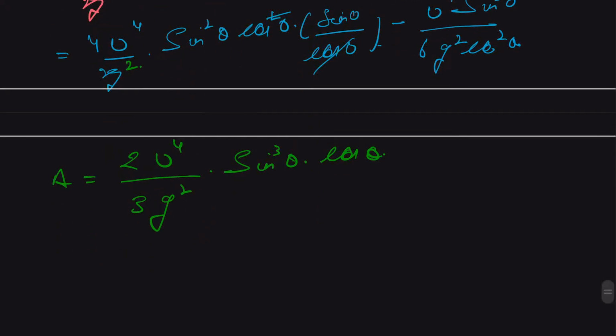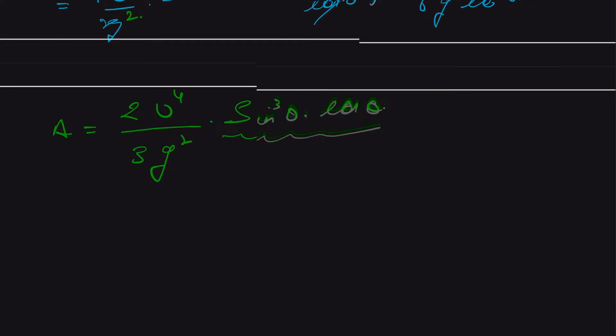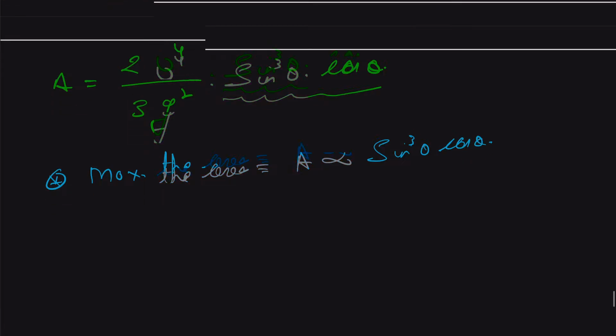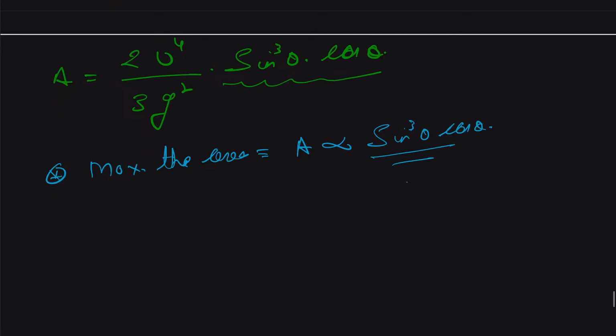and we need to maximize, so we are only dependent upon this function of theta. So you can say maximize the area, and we can say that our area A is proportional to sine cube theta and cos theta. We are going to assume this is a function of theta, f of theta, and we are going to differentiate it.